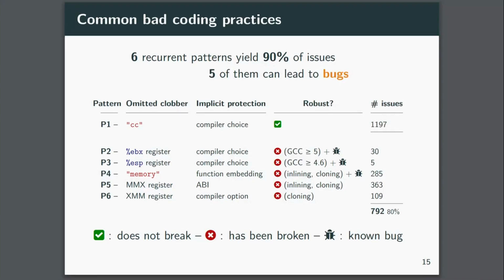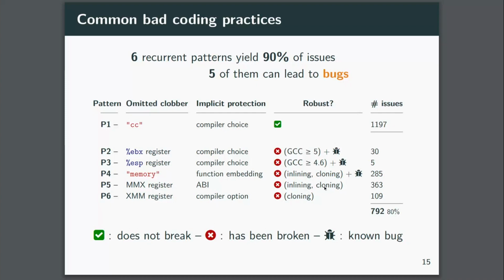With these studies, we found that almost all the issues come from 6 recurrent patterns, and 90% of the issues come from 3 recurrent patterns, and of these 6 patterns, 5 of them can lead to bugs during our experiments.